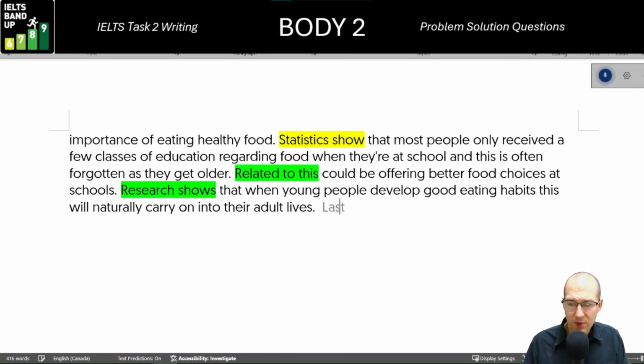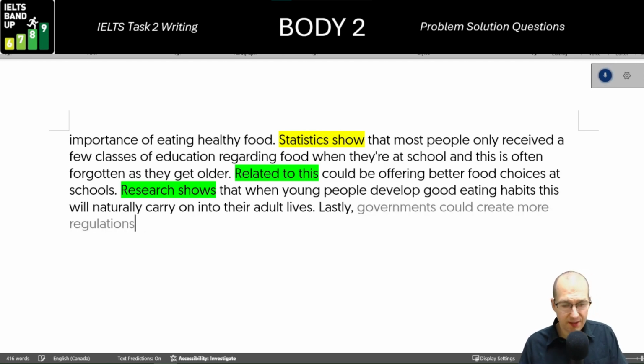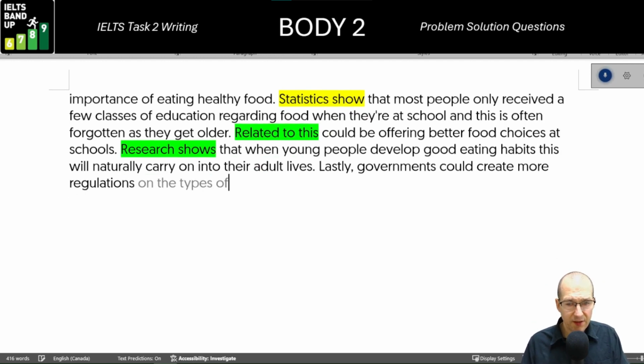Lastly, governments could create more regulations on the types of foods that are allowed to be advertised.